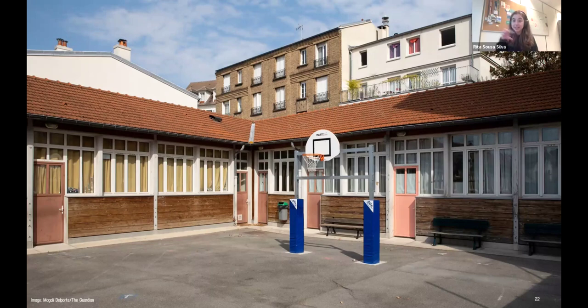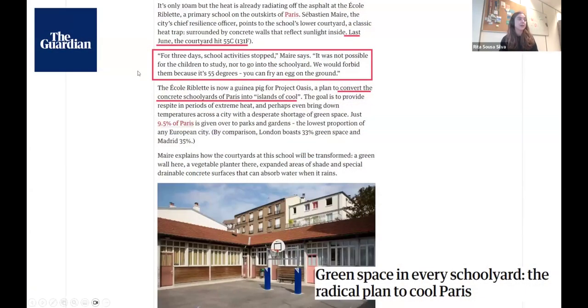They also show the mortality after the 2003 heat wave in Paris. And they have this really nice project. Well, I think it's already finished, but they started to green the backyards of schools. And that's because at some point in the center of Paris, they would have to cancel school because it was just too hot for the kids to come outside and play.